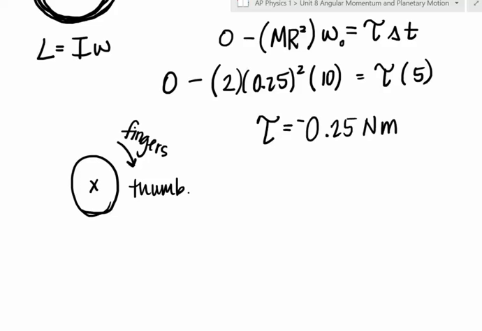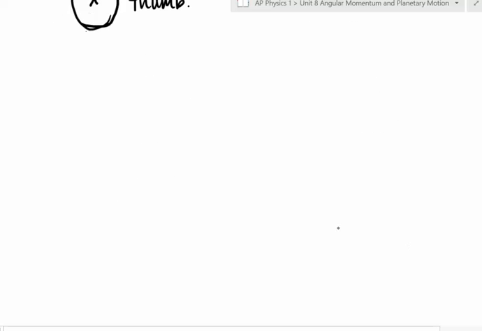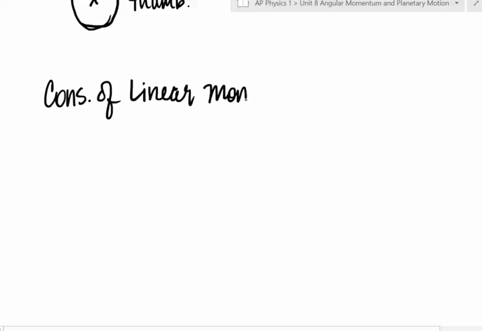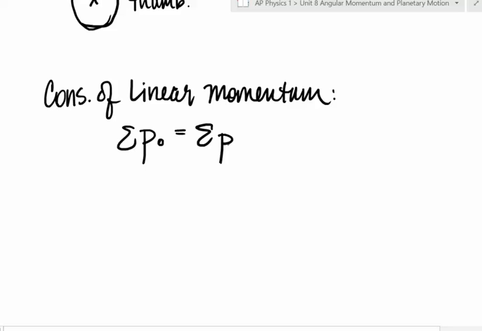Okay. Now, another analogy that we can look at: do you remember when we had collisions occur and things stuck together? We had a conservation of linear momentum. So that was like the sum of all the initial momentum was equal to the sum of all the final momentum.